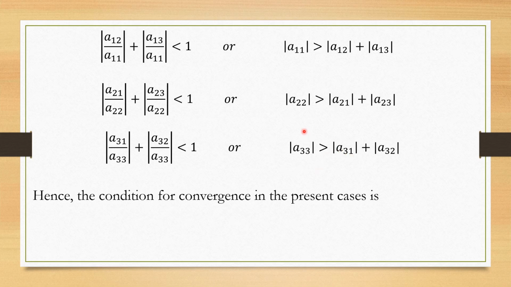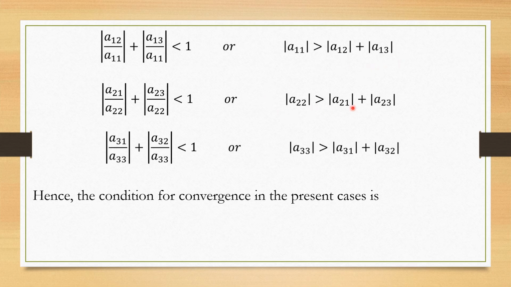So these are the diagonal values which are greater than the sum of the other values in a row. This is the first row and this value is the diagonal value, and the diagonal value is greater than the sum of the other entries.